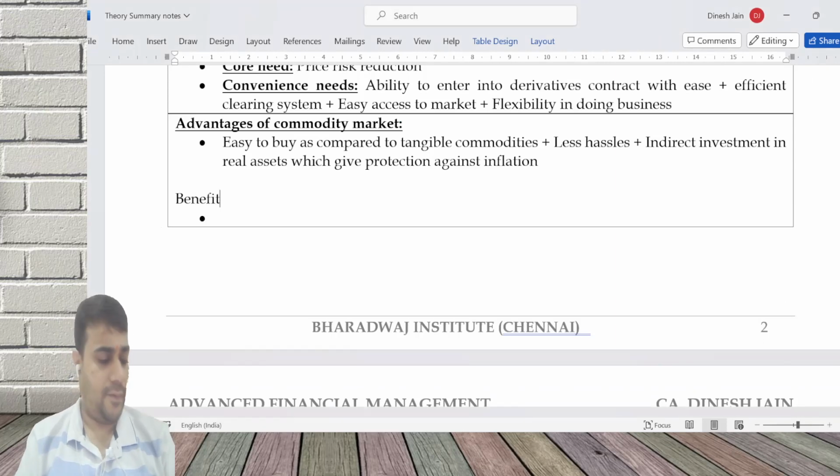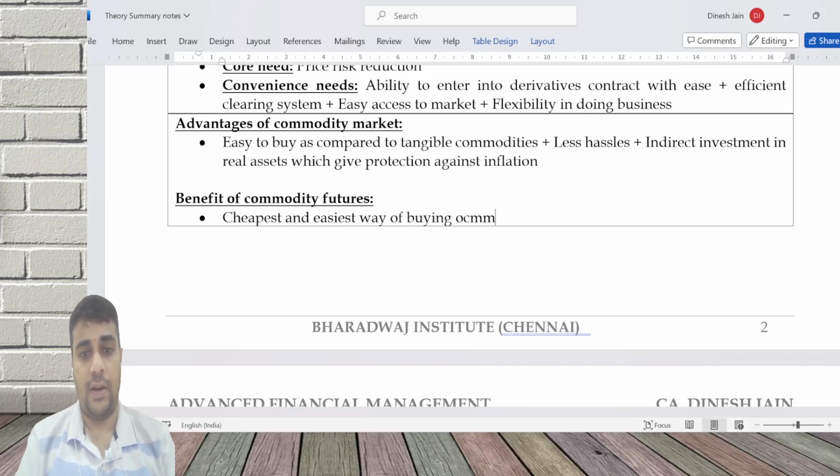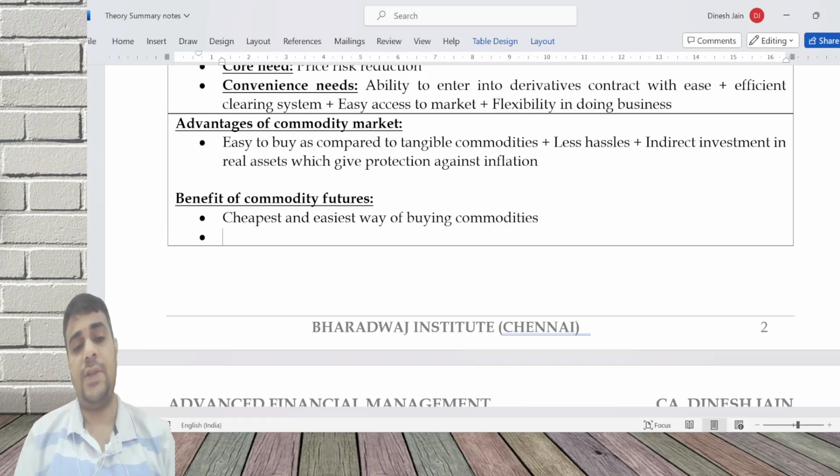Then benefit of commodity futures: the cheapest and easiest way of buying commodities.